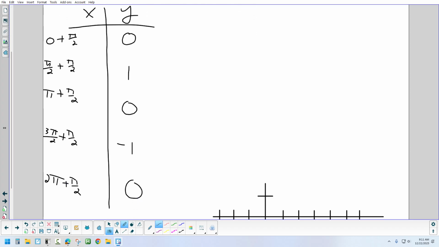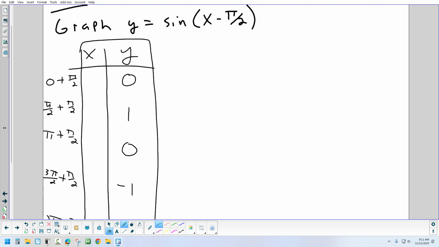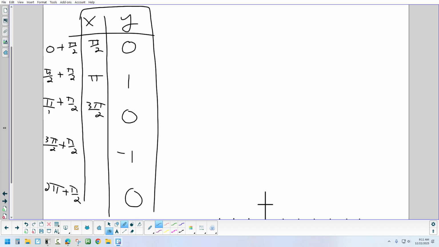Okay, since we are working in radians, we don't want to deal with decimals. We'll just keep everything as fractions with pi. Final answers are going to be in this box. So we've got pi over 2. Okay, next one is 2 pi over 2, which is pi. If you add pi and pi over 2, you'd have to make it 2 pi over 2 plus 1 pi over 2, which is 3 pi over 2. 3 pi over 2 plus 1 pi over 2 is 4 pi over 2.